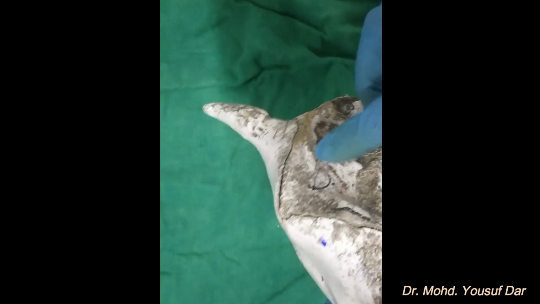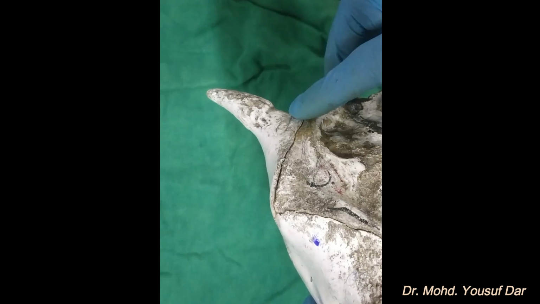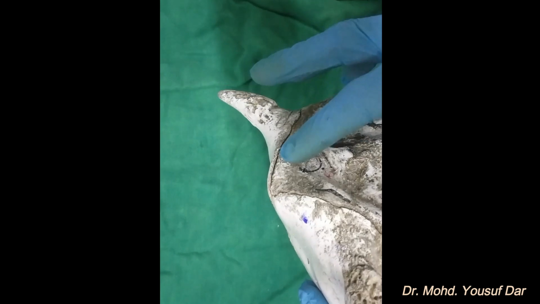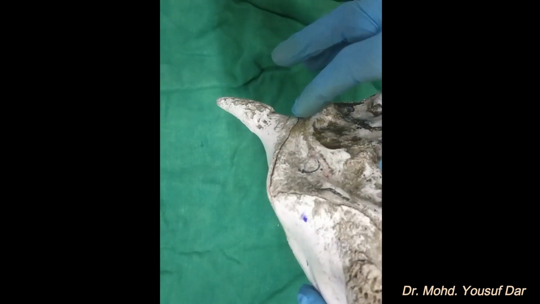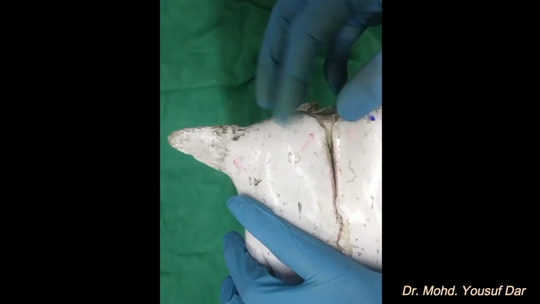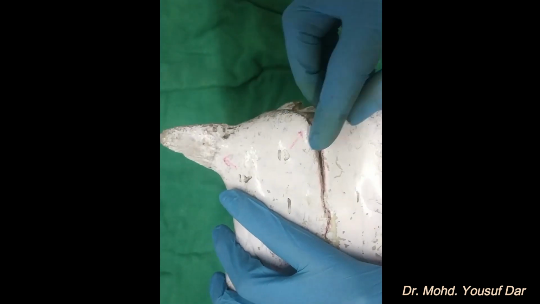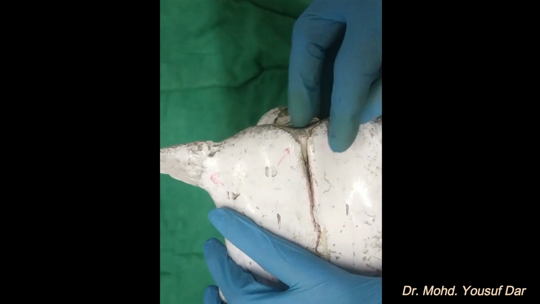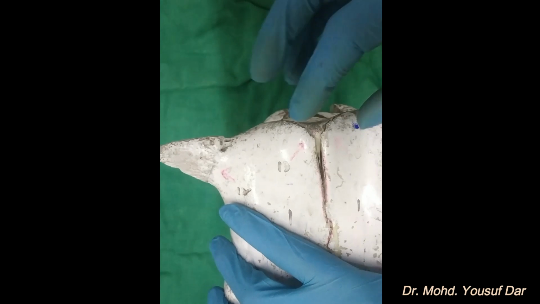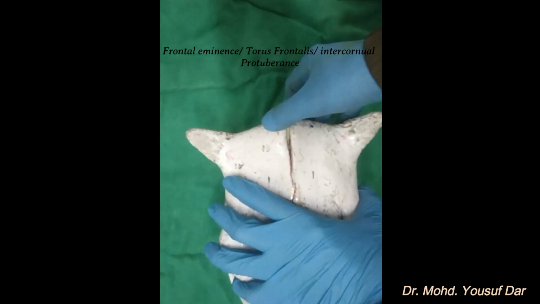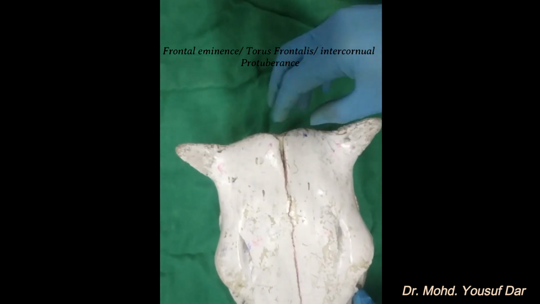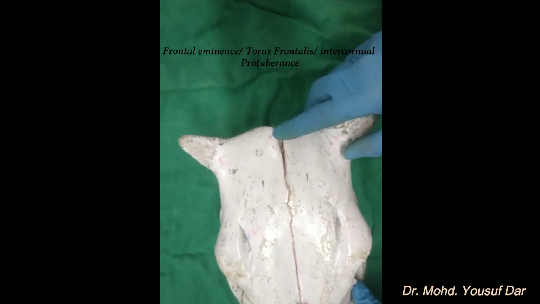The dorsal border meets the parietal bone, and the dorsal borders of the two bones form an eminence called the frontal eminence or torus frontalis or intercorneal protuberance.